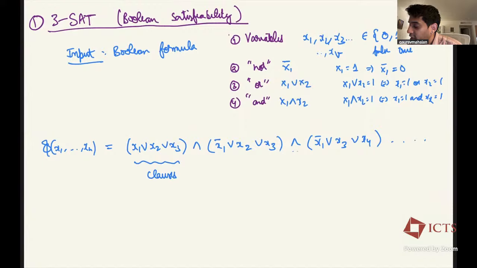So x1 OR x2 is 1 when both of them are 1, or one of them is 1. It also entangles them. So it's a projector over a subspace. And so a Boolean formula is composed of clauses like this.